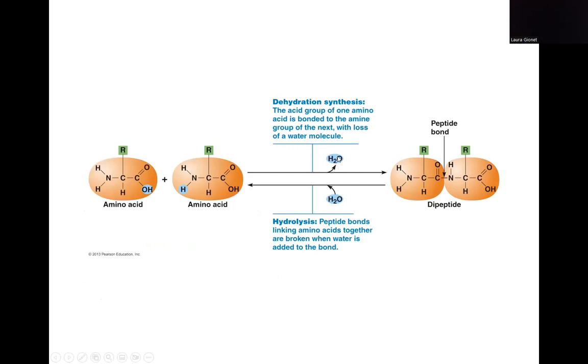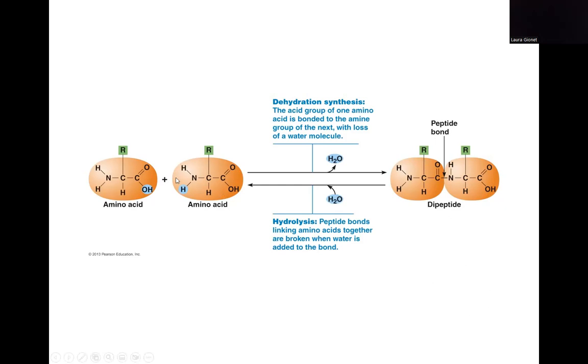We are peeling off, we're removing the equivalent of one water molecule, so H2O peels off. And now we have created a bond between those amino acids, and that becomes a di for two, dipeptide. It's called a peptide bond. It's a type of polar covalent bond. That's as far as you have to know about peptide bonds.